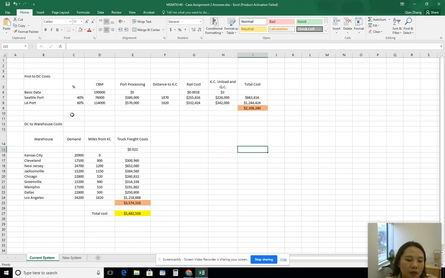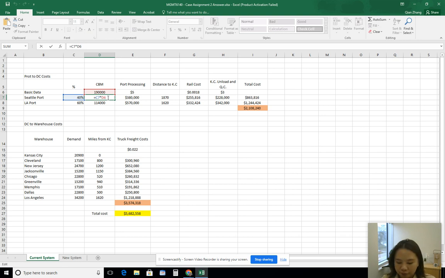We know that 40% of the imported products will go from Seattle to Kansas, while the rest, the 60%, will go from LA to the Kansas distribution center. The total CBM is 190,000. So 40% of 190,000 will be 76,000. We just use 40% times the total CBM, and then we will know how much CBM goes from Seattle to the distribution center.